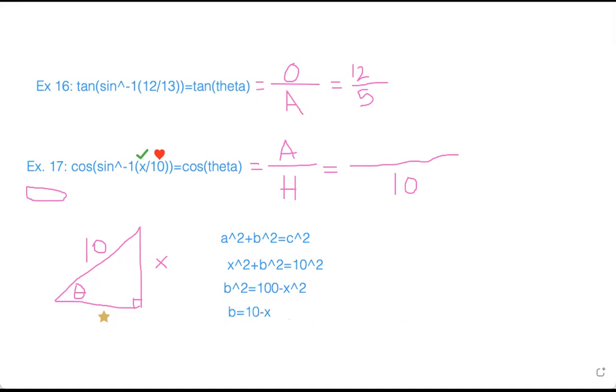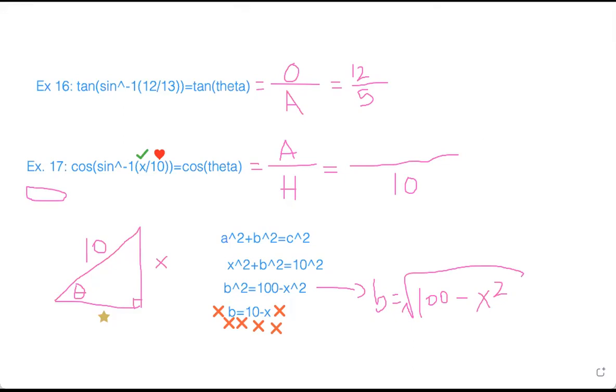All right. This is not equal to that, but it is equal to the square root of 100 minus x squared.